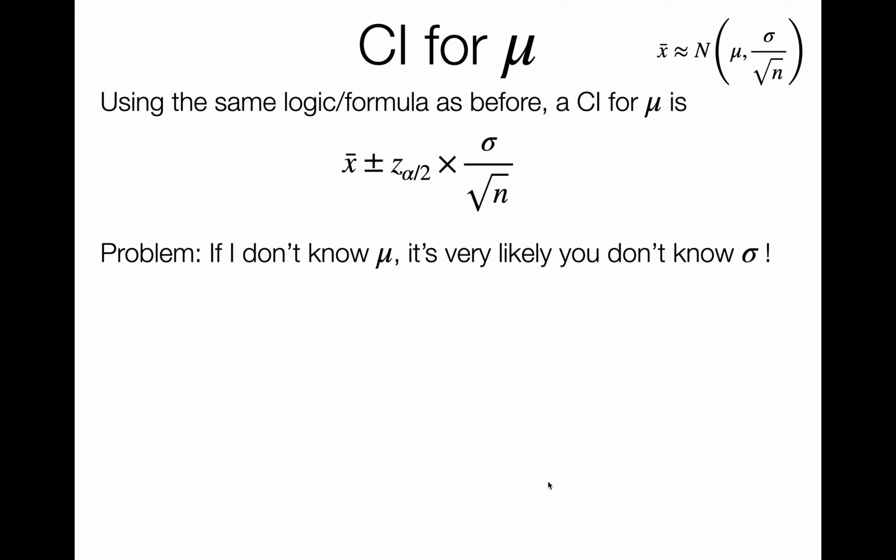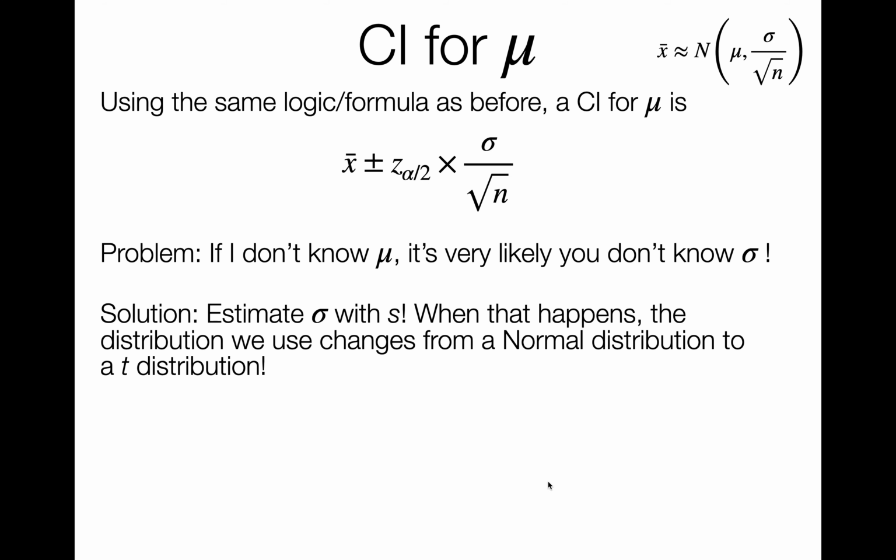I don't know the population mean, mu, and so it's very likely that I also don't know the population standard deviation. So I very likely don't know anything about the population. Mu doesn't make itself known in this formula, which is good, but sigma does. Sigma is there, and so I need to replace it with the sample version. The population standard deviation is sigma. The sample standard deviation is s.